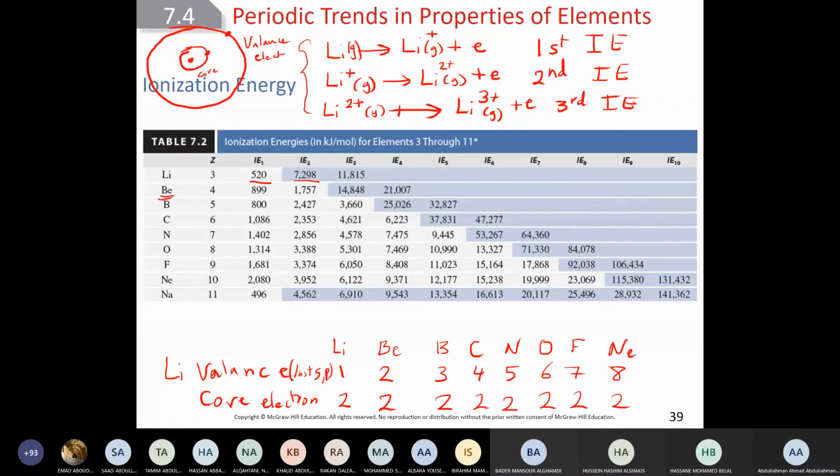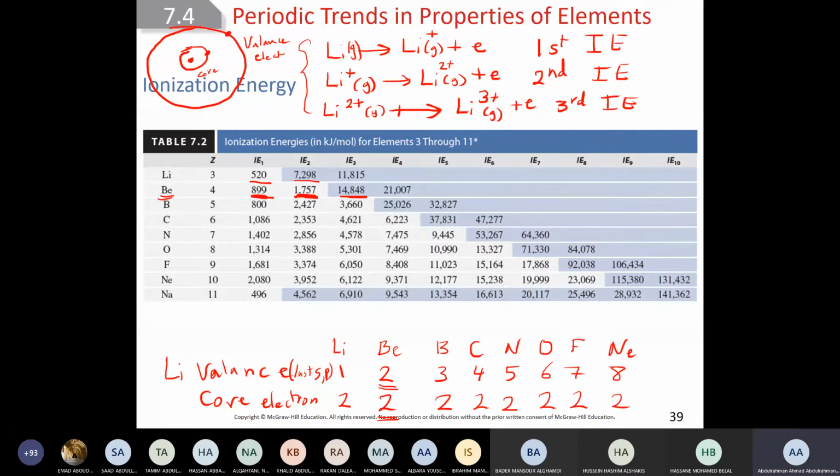Then let's go to Be. How many valence electrons do you have? 2. And how many core? 2. Good. Now, look at the numbers. What happened here? 899. Then the second ionization energy, 1,700. Third ionization energy, 14,000.